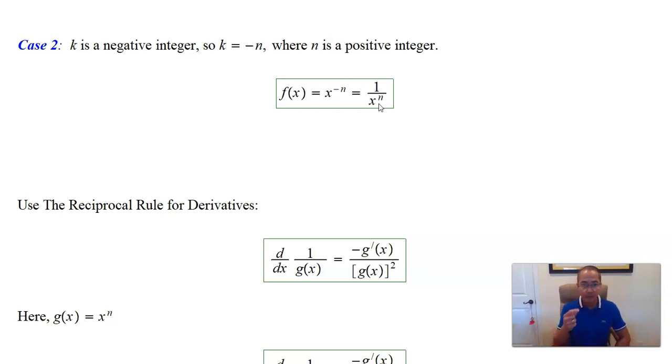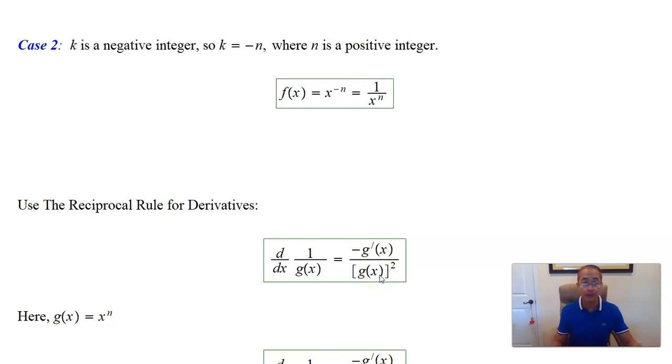That's important because we can now apply the reciprocal rule for derivatives, which is almost always proven in a basic calculus class. The derivative of the reciprocal of a differentiable function is a fraction. It is the negative of the derivative of that function divided by the square of that function.